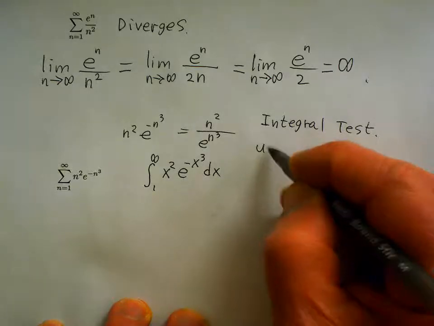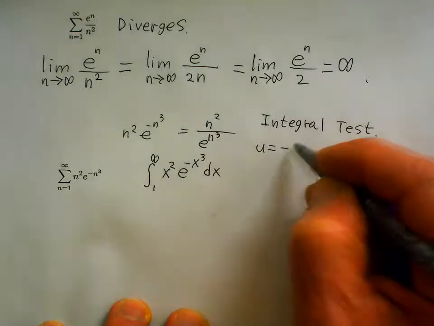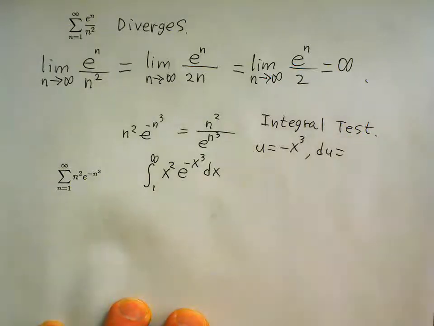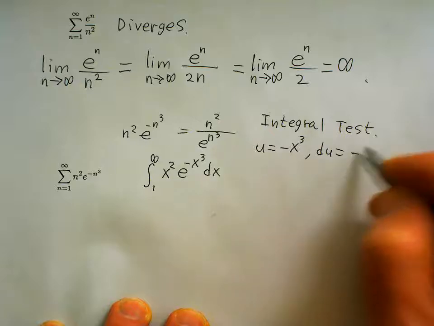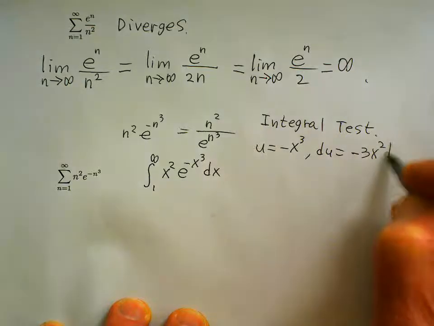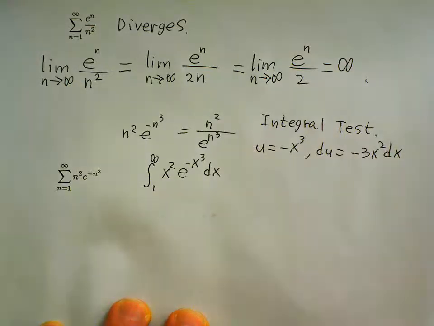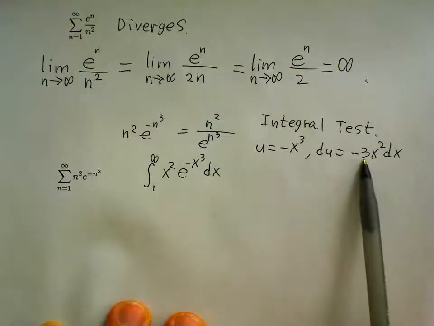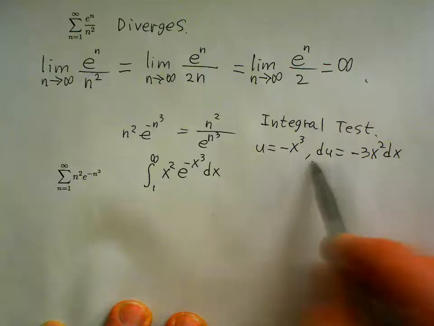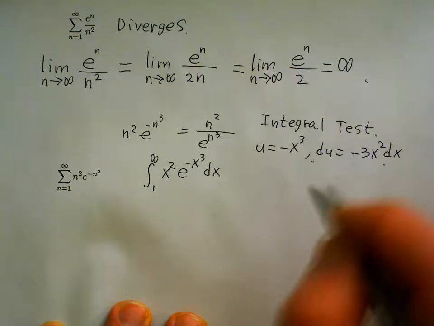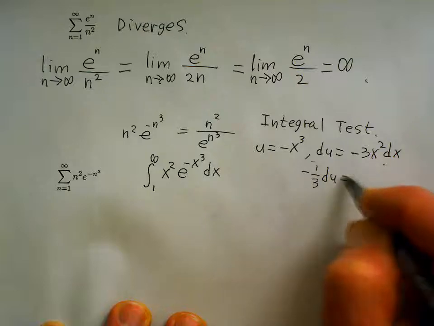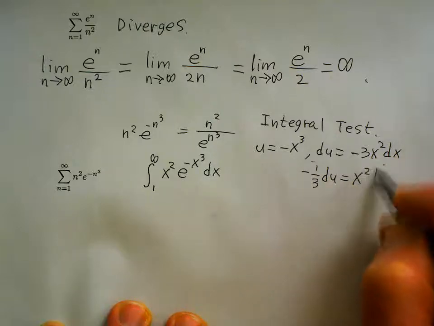So if we assign u to be negative x to the third, then du is negative 3x to the second dx. We have x to the second dx. So if we multiply both sides of this by negative 1/3, we get negative 1/3 du equals x squared dx.